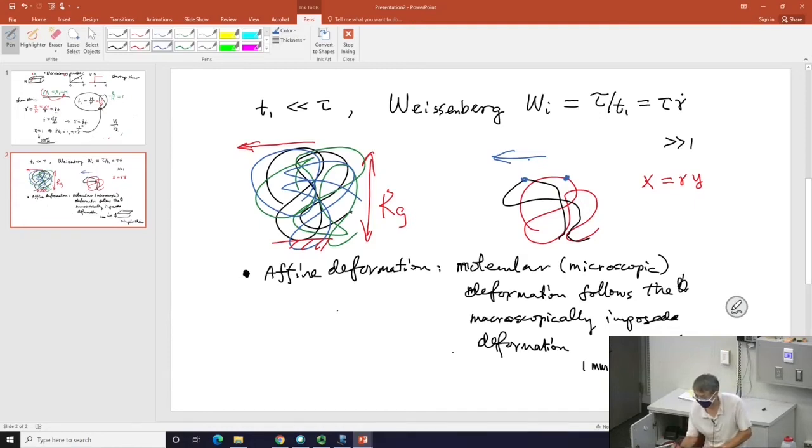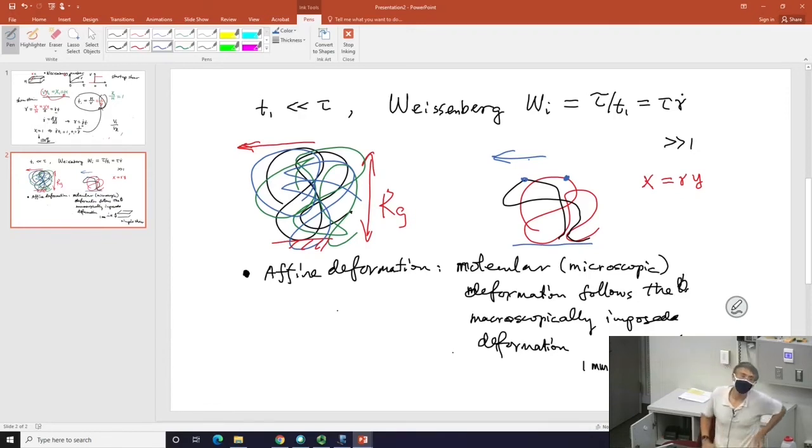And how much that shear depends on how far you are from the bottom. So it's just a trivial matter. The shape change is also happening microscopically, at the molecular scale. That's what affine deformation means.